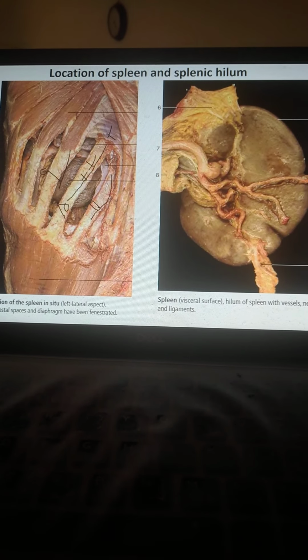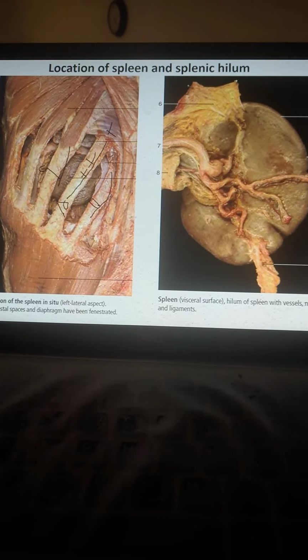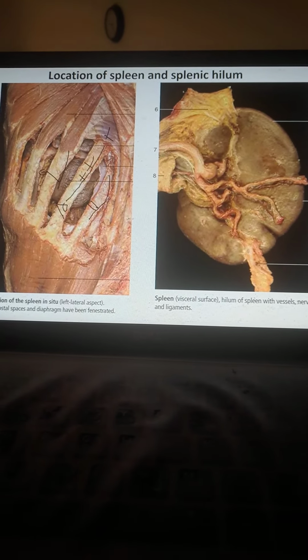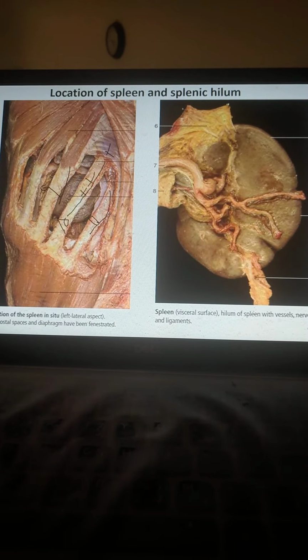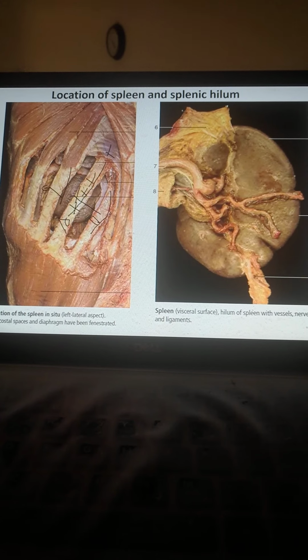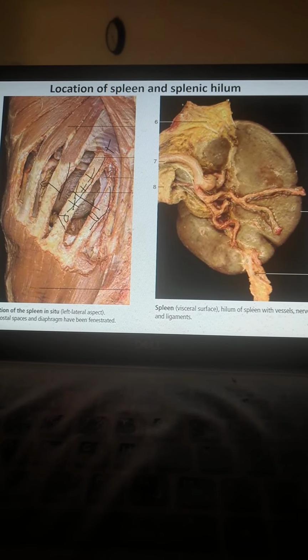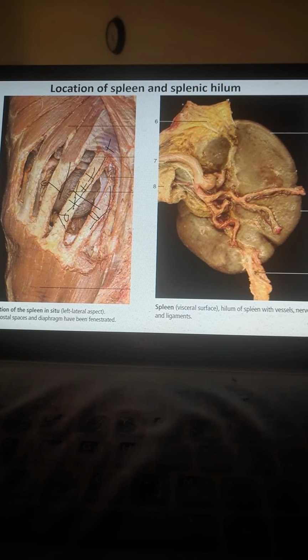That's clinically important because if there is an accident, for example a car accident, and these ribs are broken, there is a great possibility of traumatic rupture of the spleen and internal hemorrhage.